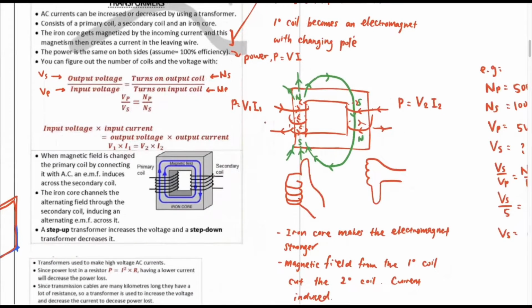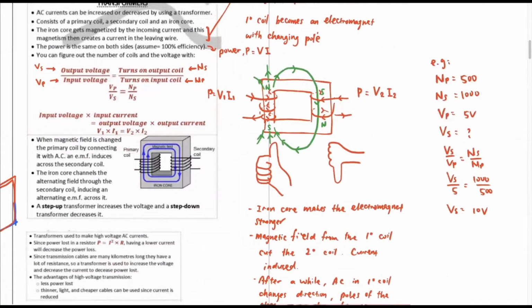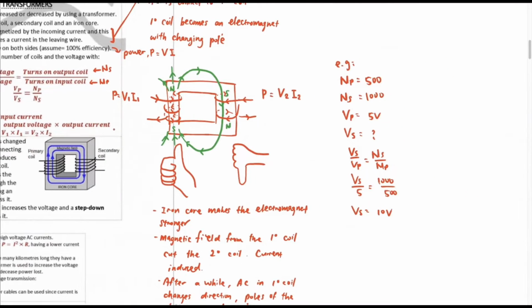Okay, so how to use the second formula? Let's say one example. Now let's say I use 5 volt and my current is 0.2 ampere. I want to find out my secondary current. Then I can use the formula VPIP equals VSIS. You can put V1 I1 equals V2 I2.